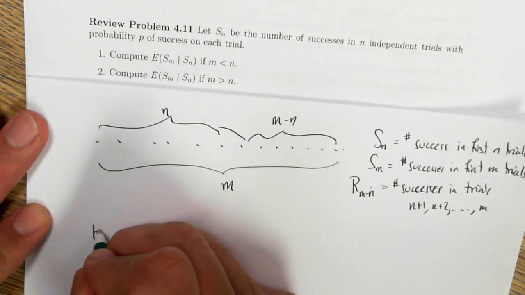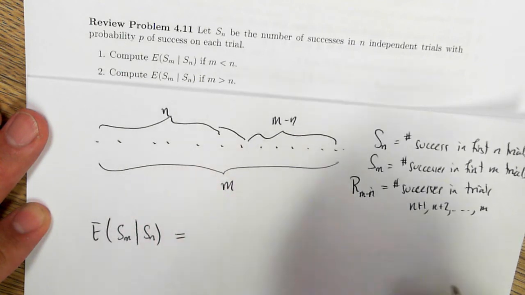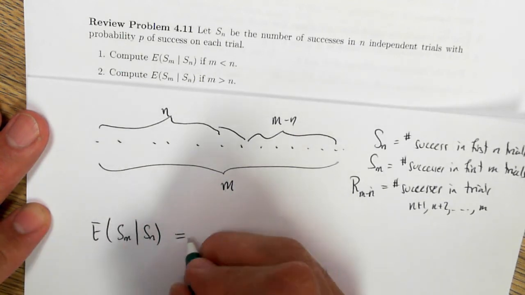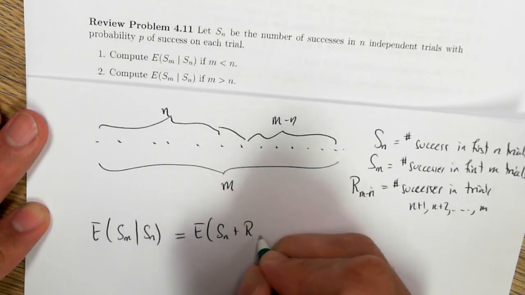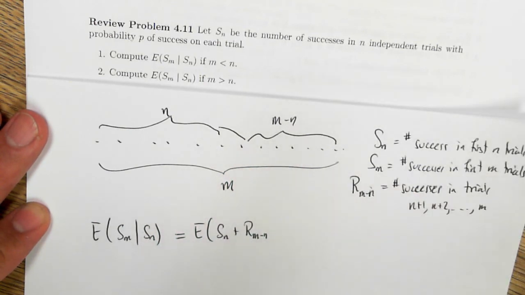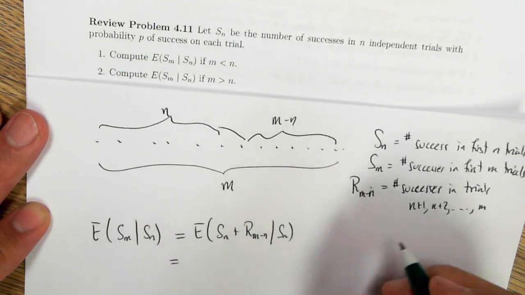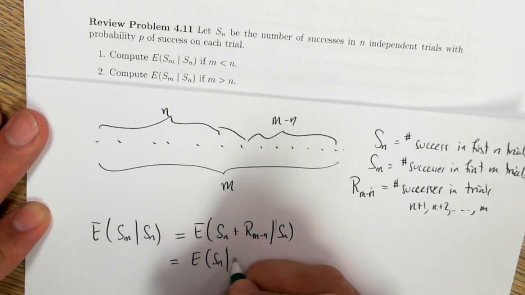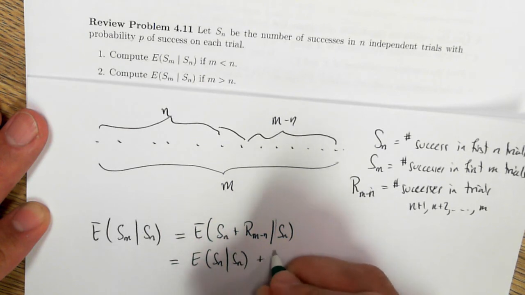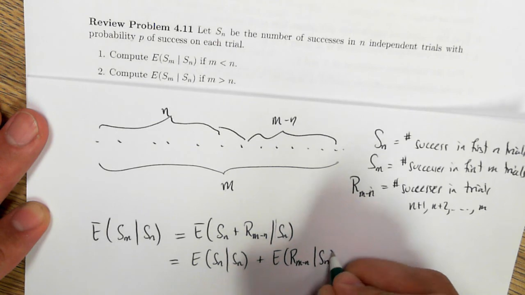The problem asks for the expected value of S sub m given S sub n. Well, that'll be equal to the expected value of S sub n plus the remainder R sub m minus n, given S sub n. Let's split this up: the expected value of S sub n given S sub n, plus the expected value of R sub m minus n given S sub n.